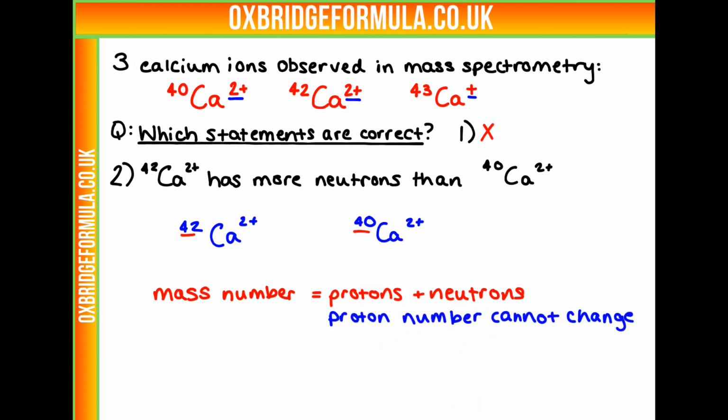Well, the proton number cannot change. It must always stay the same. That's what gives the isotope its characteristic of the element. However, the neutrons can change. So in this case, they must be different. So our 42 calcium isotope must have more neutrons than our 40 calcium one. So yes, this statement is correct.